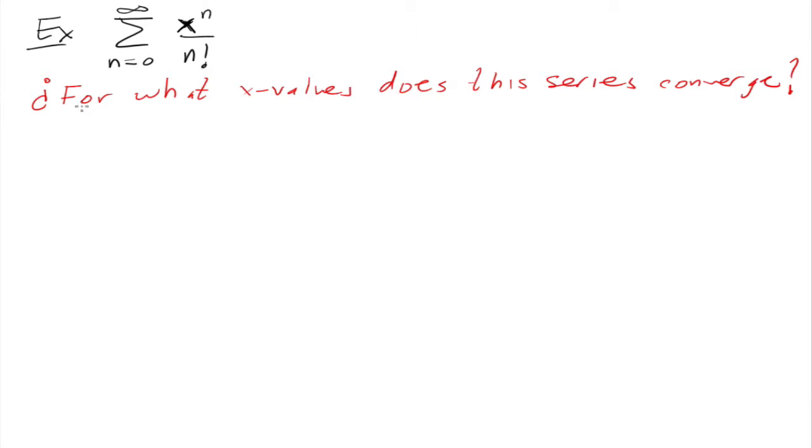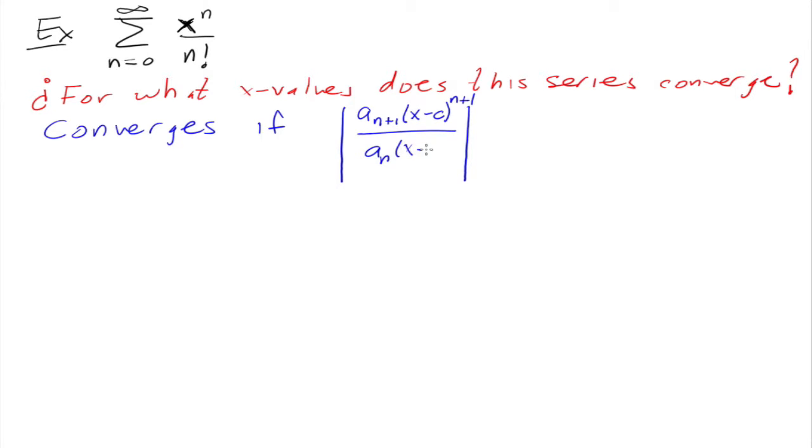So if I use the ratio test, basically the series converges if the limit as n goes to infinity of the absolute value of a sub n plus 1 times x minus c to the n plus 1 over a sub n times x minus c to the n is less than 1.